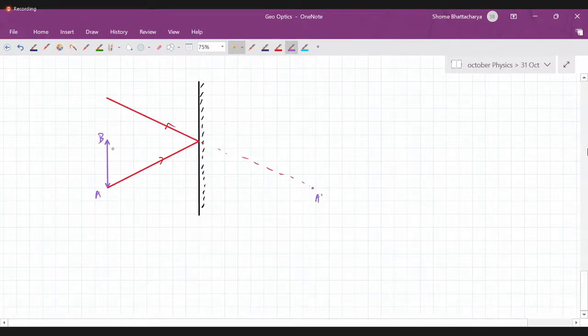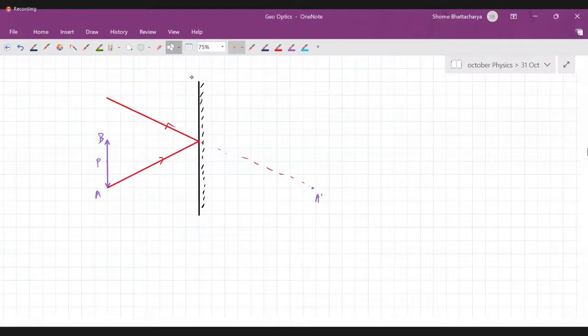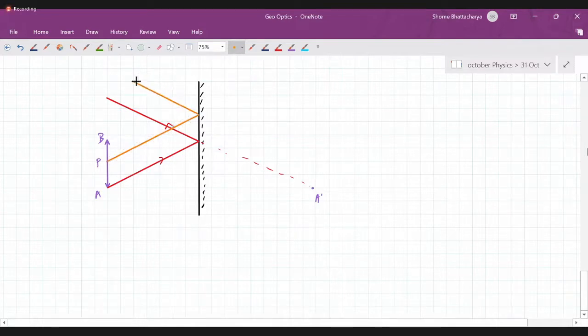But like that, you take any point on the object, its image due to reflection will appear to be like this now at this point.